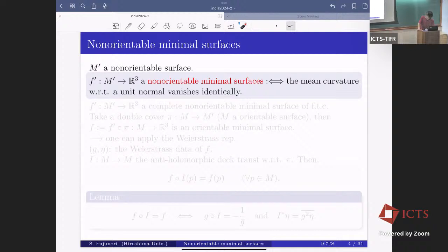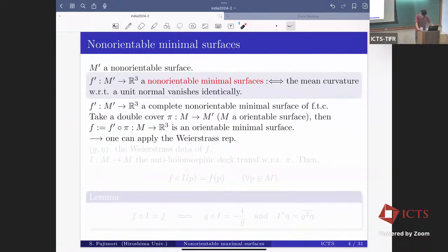Mean curvature depends on the unit normal. If we take the unit normal on the other side, then the sign of the mean curvature changes. But the modulus of the mean curvature is defined even if the surface is non-orientable. And minimal surfaces are surfaces with vanishing mean curvature, so we can define a non-orientable minimal surface.